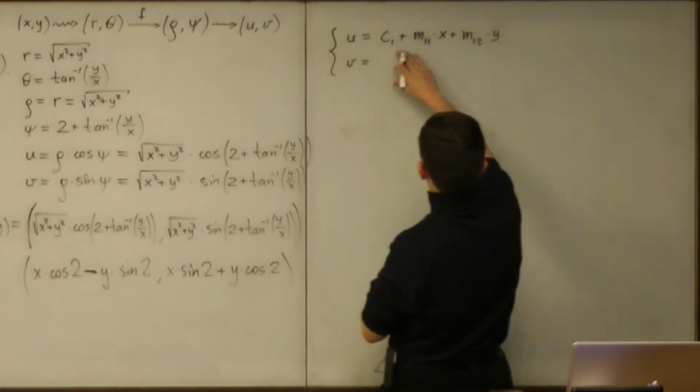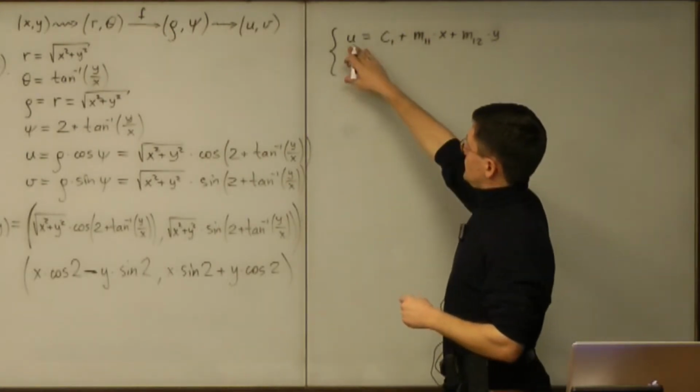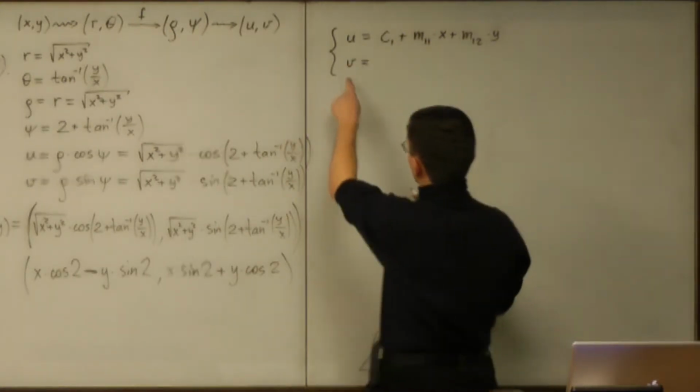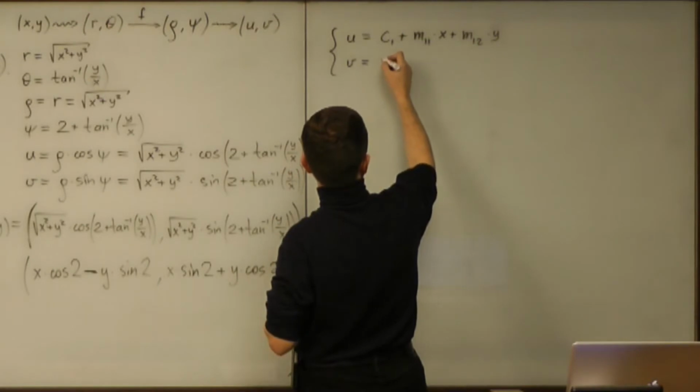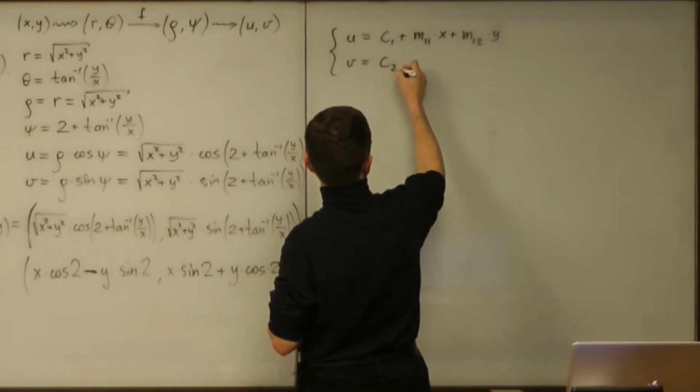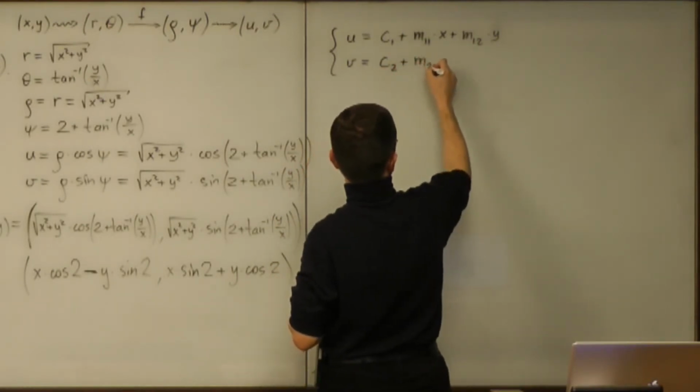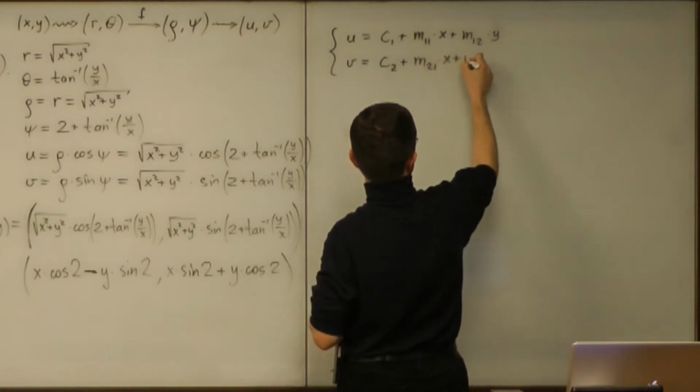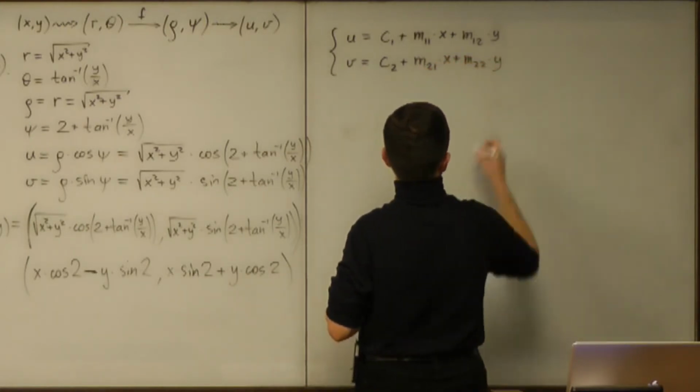And any linear function should look like this, if that is a linear function of x and y. And again, any linear function v will be in the form c2 plus m21 times x plus m22 times y.